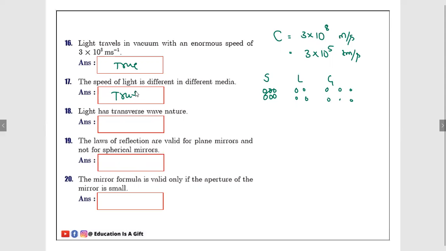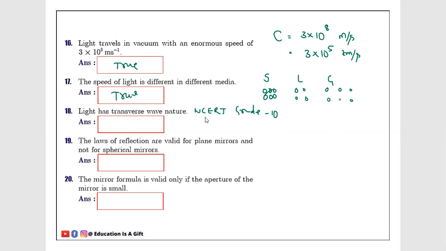18. Light has transverse wave nature. Basically, this concept is not there in your NCERT grade 10 science textbook, but how light can travel, it can travel in the form of a wave.